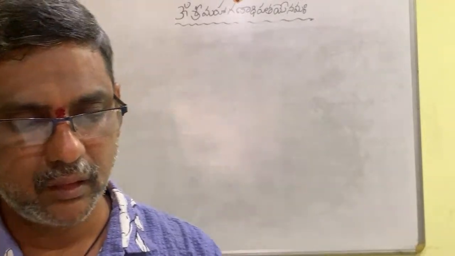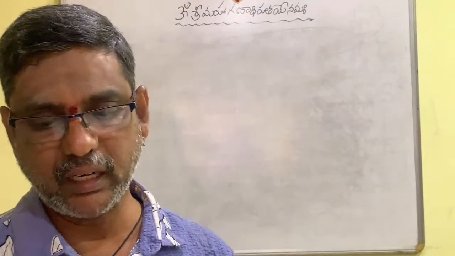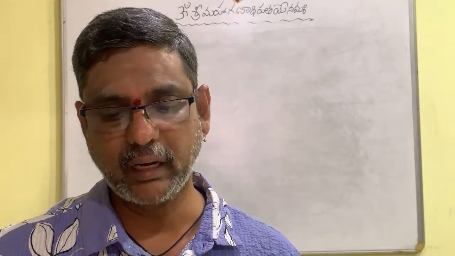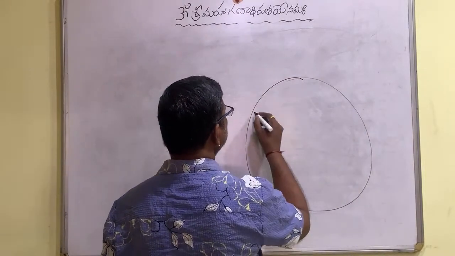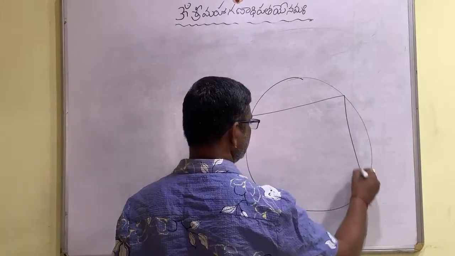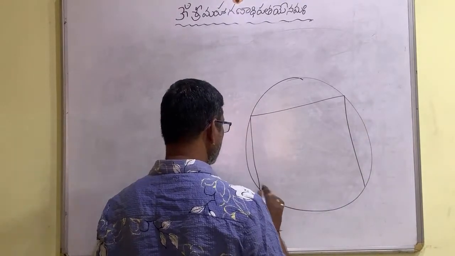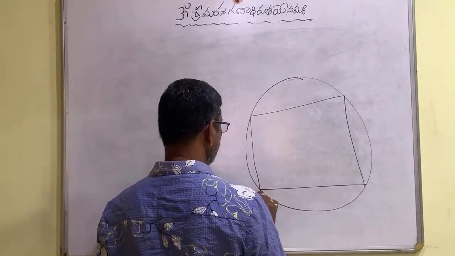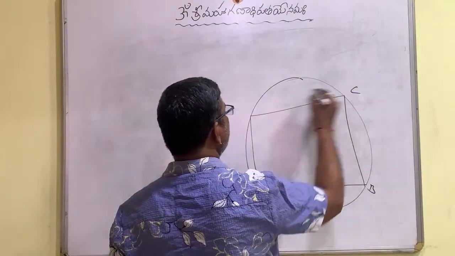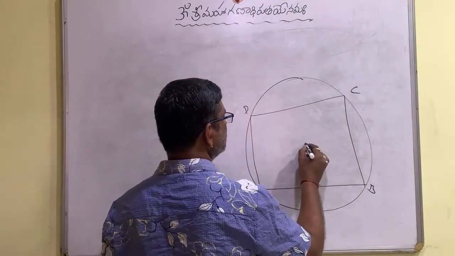Next question. If the diagonals of a cyclic quadrilateral are diameters of the circle through the vertices of the quadrilateral, prove that it is a rectangle. There is a circle and there is a cyclic quadrilateral ABCD, and this is the center of the circle.